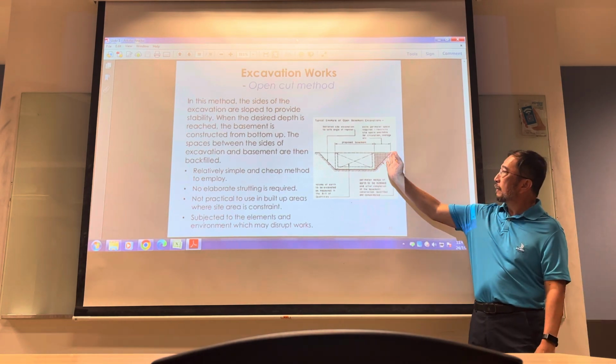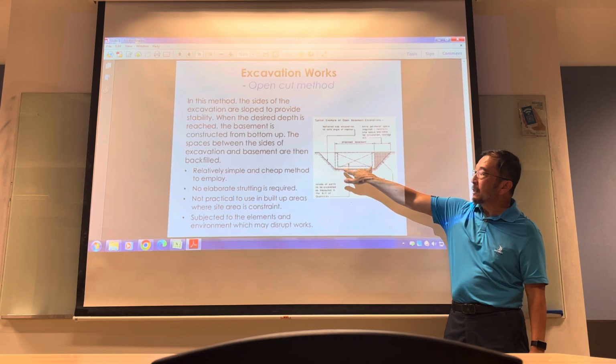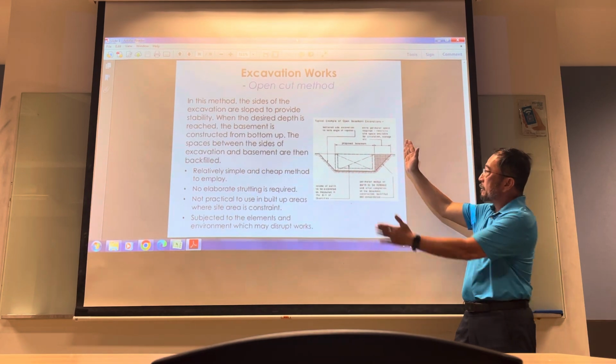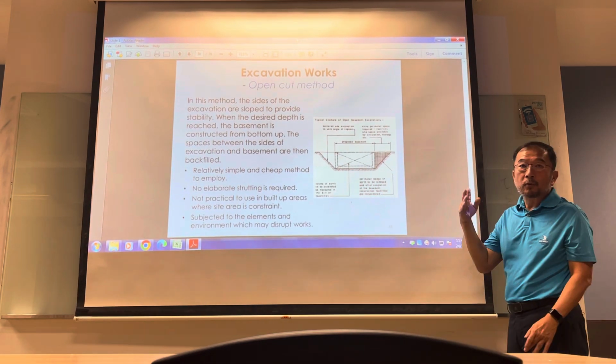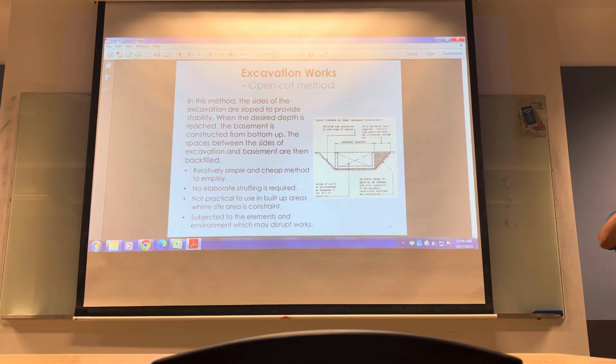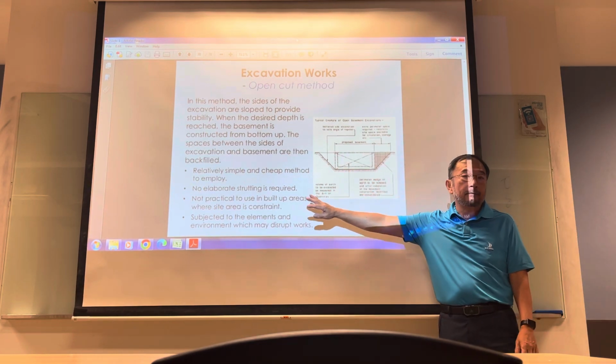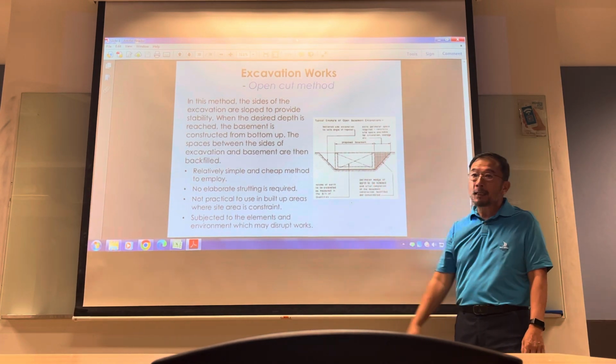Imagine you cut 60 degrees out, but your building is only in the center. You need this space in order to do this sort of excavation. If your area is restricted, where you have building next door, you cannot use this method. There's no way you can do open cut.